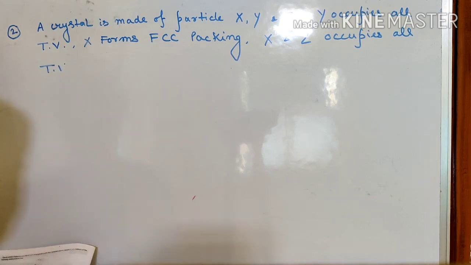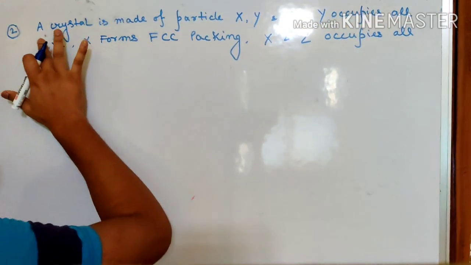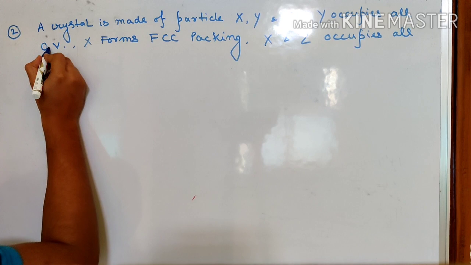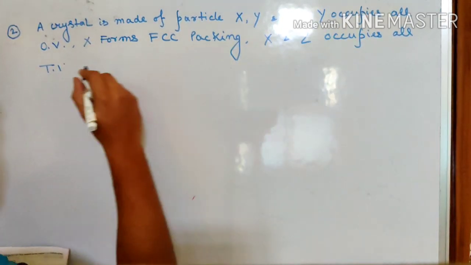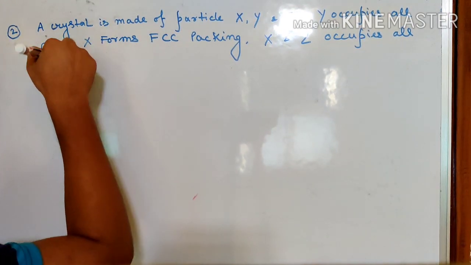Here there is a small change. Y occupies all octahedral voids. So this is O.V. And X and Z occupies all tetrahedral voids. Kindly do this change.